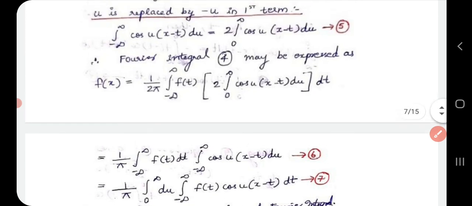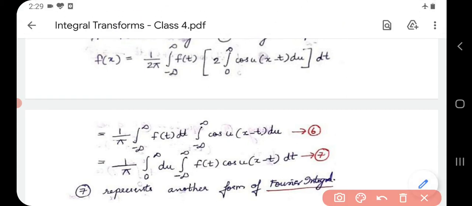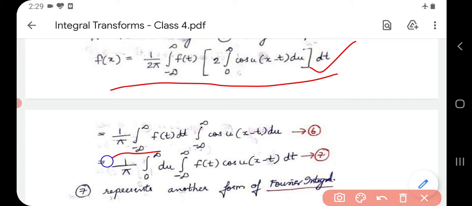Okay, this is another form of the Fourier integral. The first one is that given by equation 4. The second form is that given by this equation, and there is one more form, that is this one. So we have come across 3 different forms of the Fourier integral. Just try to learn those 3 forms, that is enough.